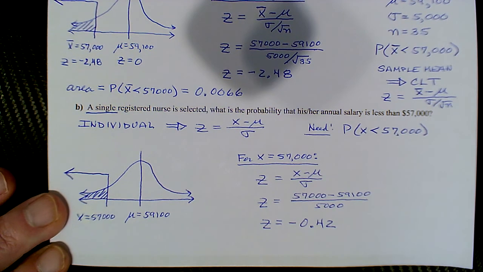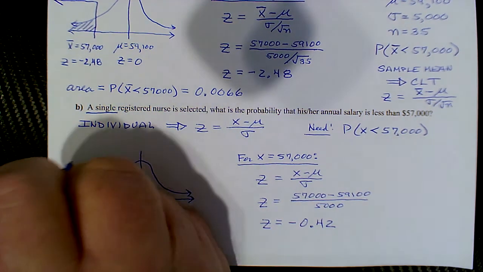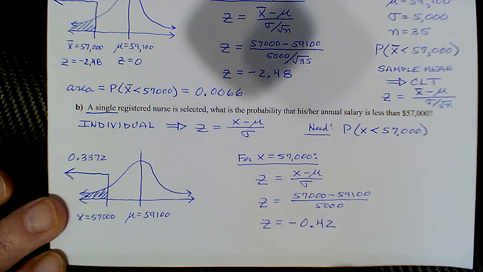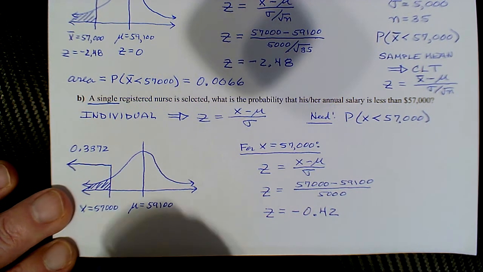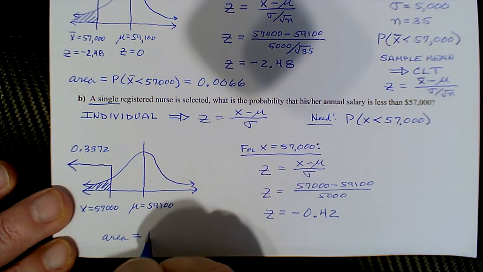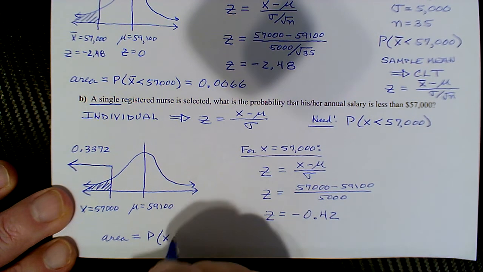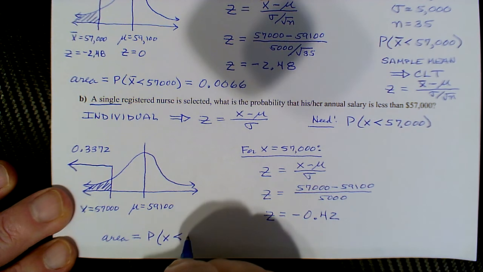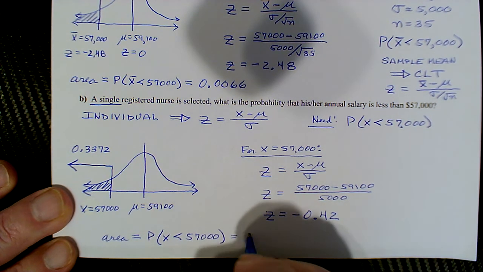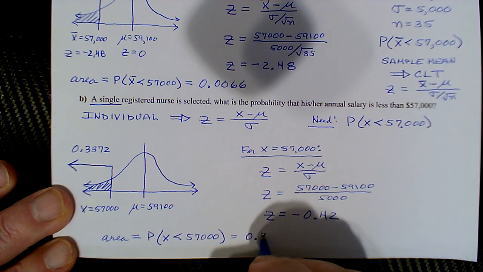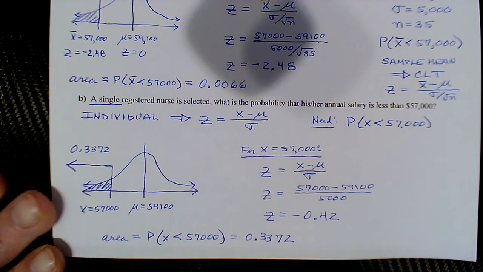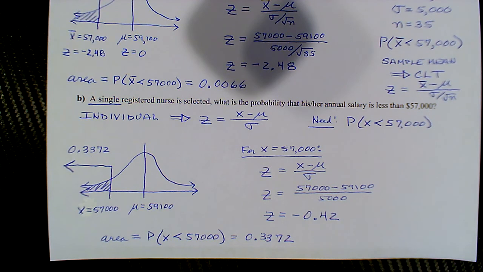So then we look that area up in the table, and you find 0.3372. That's what we're looking for. Again, your choice as to how you want to state this. I always like to say area, but you could state that the probability that x is less than 57,000 is going to be that value of 0.3372. Okay, so we've got a couple more to practice.